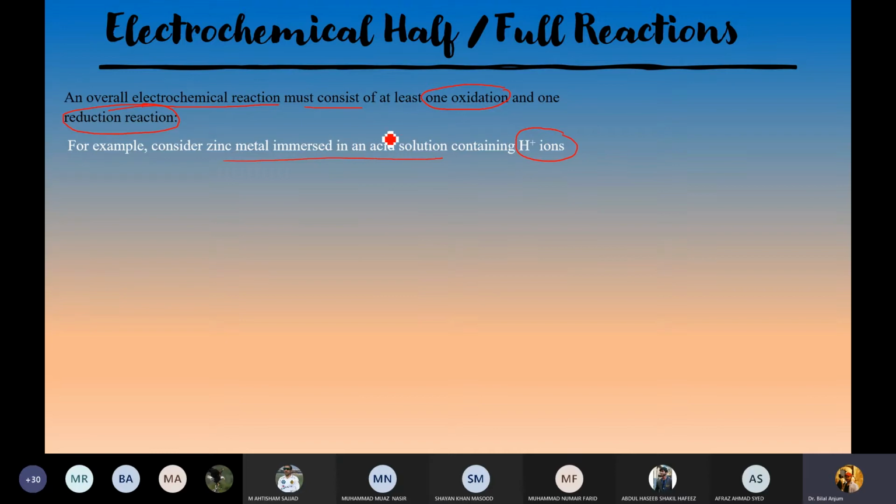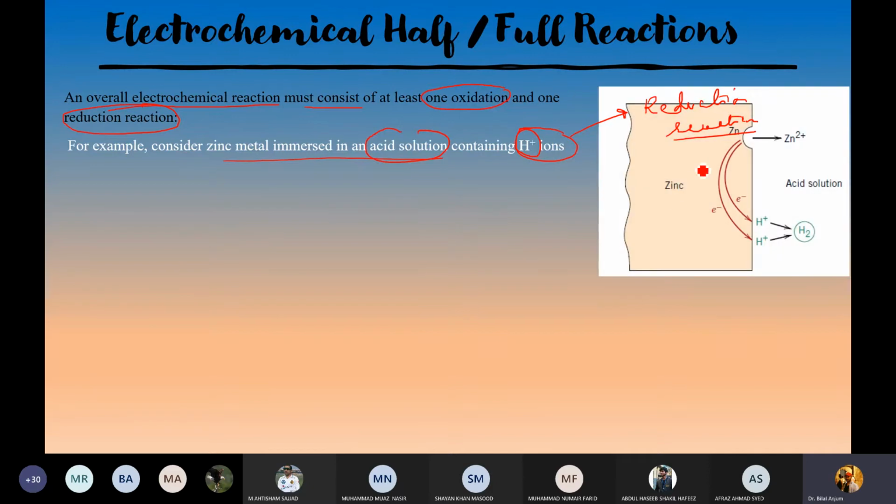Now, the acidic environment and the presence of H+ ions are defined so that you could write the reduction reaction, because there are different kinds of reduction reactions that have been discussed with you. Presence of zinc metal, again, zinc metal going to Zn2+ would require losing 2 electrons. This is the anodic or oxidation reaction.